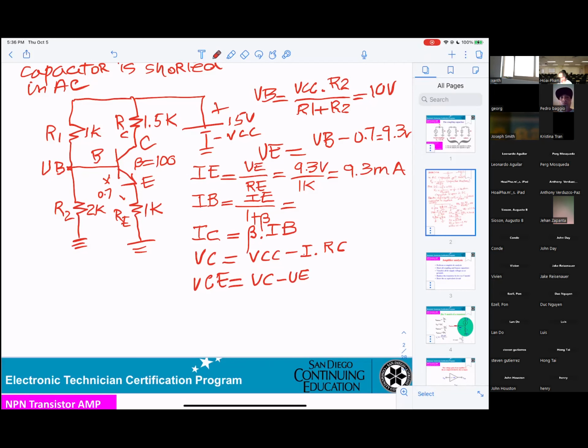Okay, so that means you're able to calculate everything. You want to know the DC. Even if you don't have to do the calculation, we need to know how we calculate it. That's important to you.